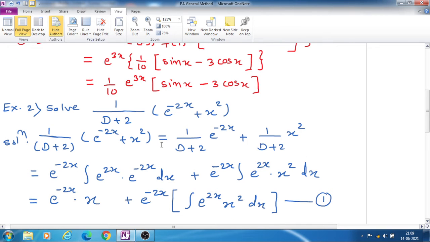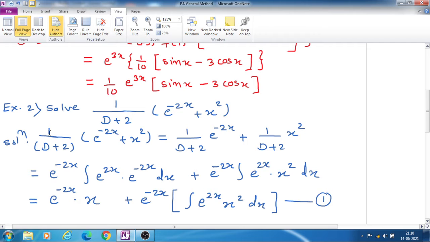Let us see another example: 1 upon D plus 2 into bracket e raised to minus 2x plus x square. To find this value, you see that here capital X is e raised to minus 2x plus x square.